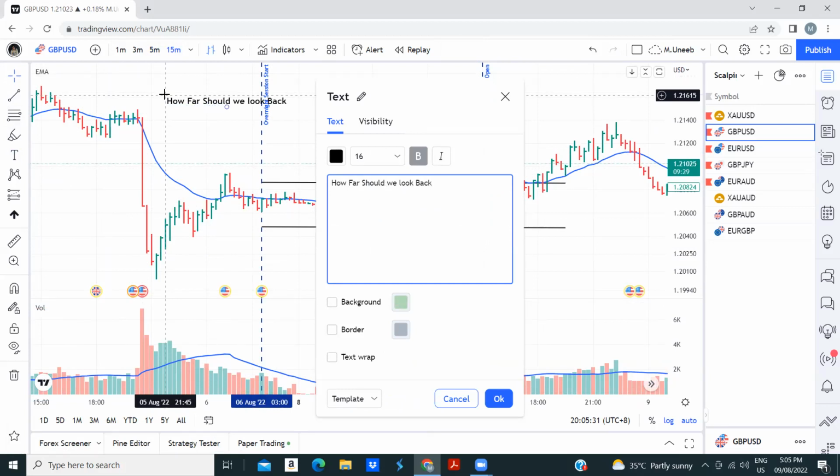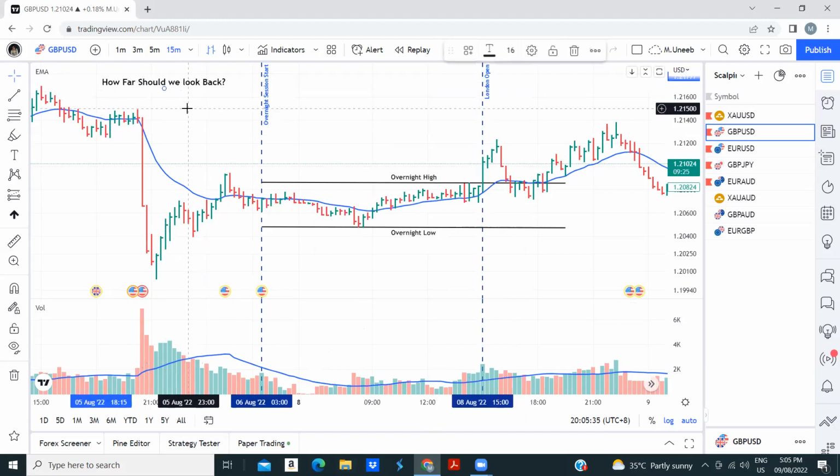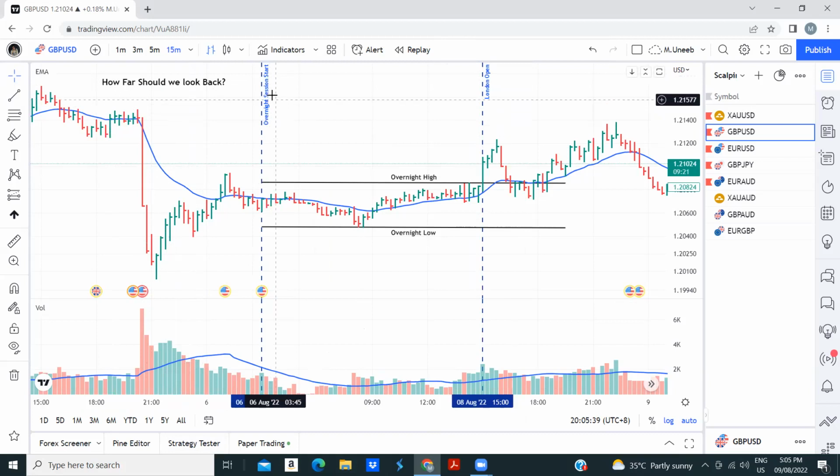This was your question, right? Many people are confused here. How far should we look back before overnight session start to determine the bias entering into the overnight high and overnight low range?